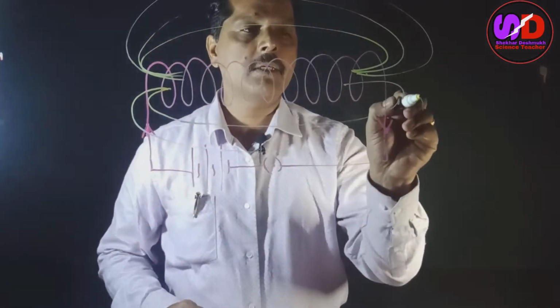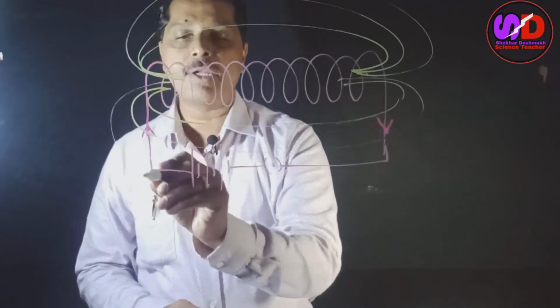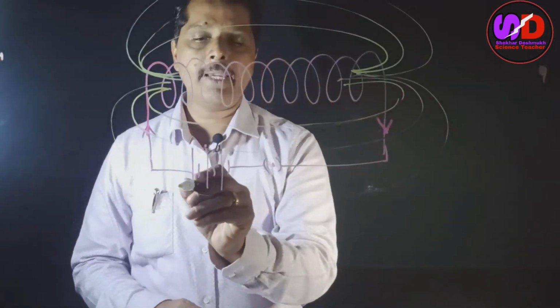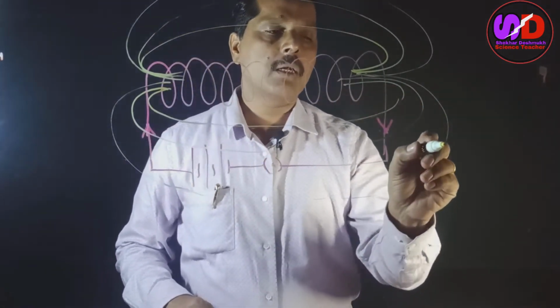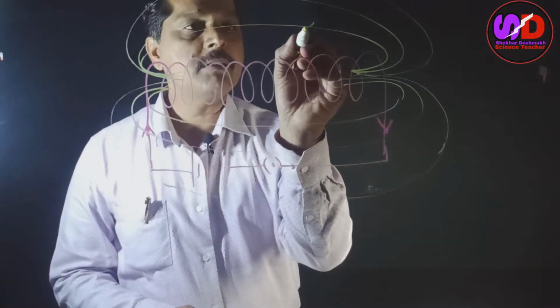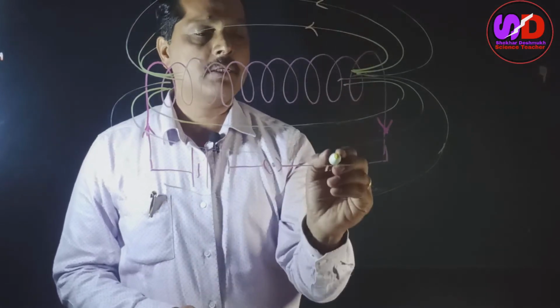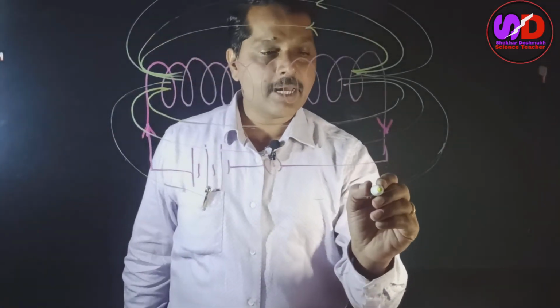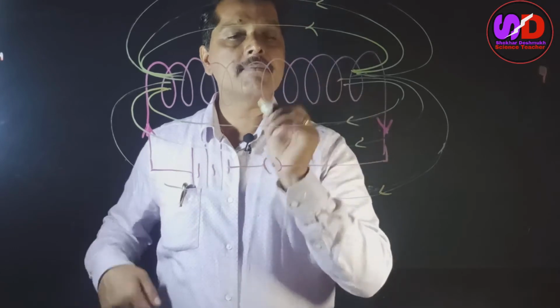This is the magnetic field produced by a current carrying solenoid, and this must be the direction of the magnetic field.